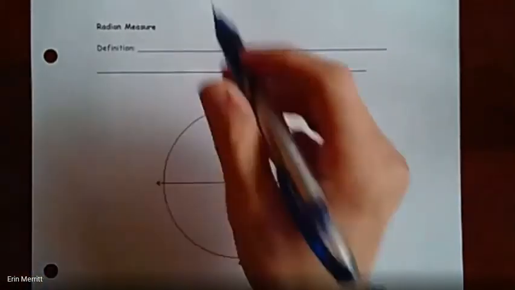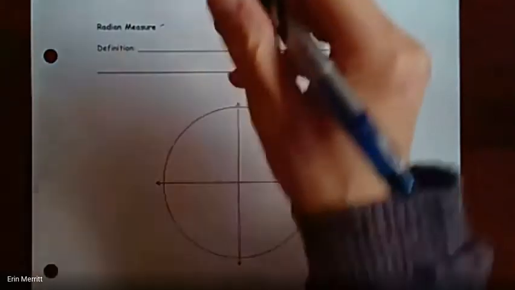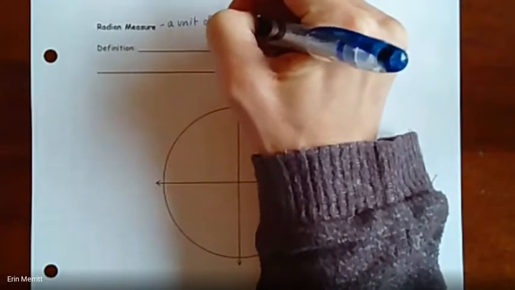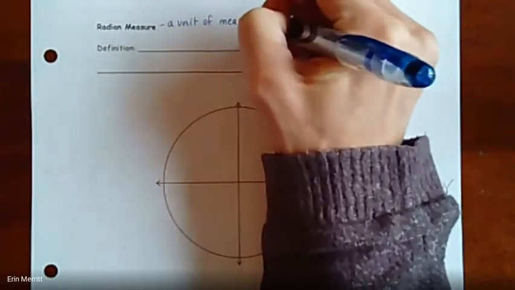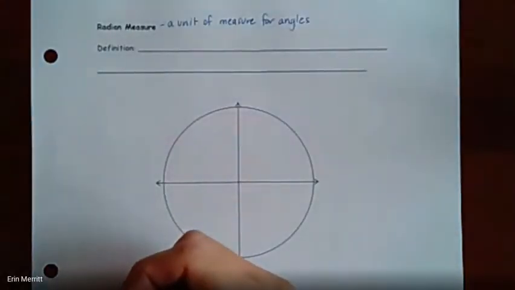So first of all, radians, specifically, this is a unit of measure for angles. The same way you wouldn't measure your height in degrees, that doesn't make sense. You don't measure angles in inches. You measure them in either degrees or in radians.